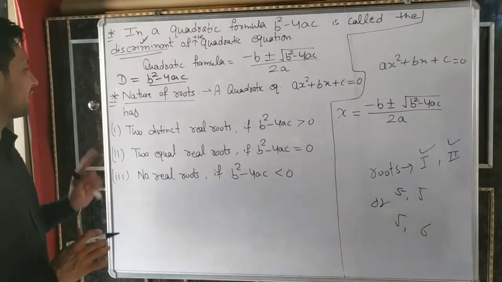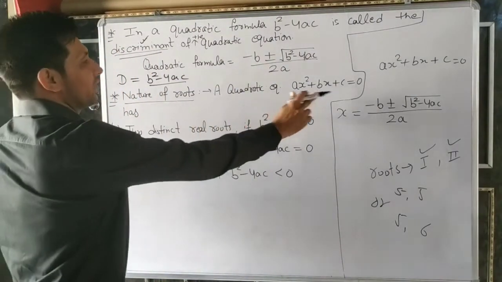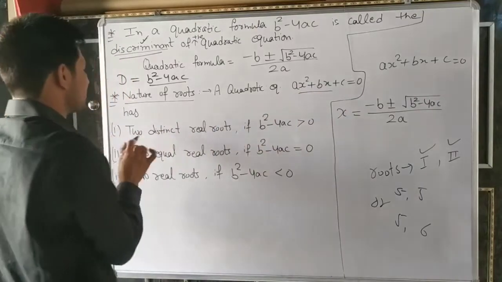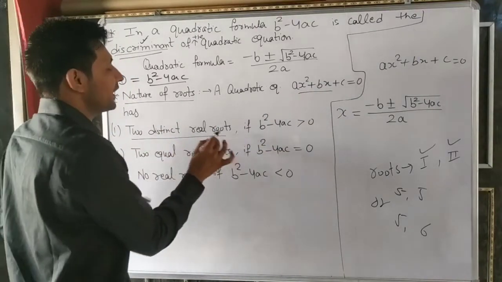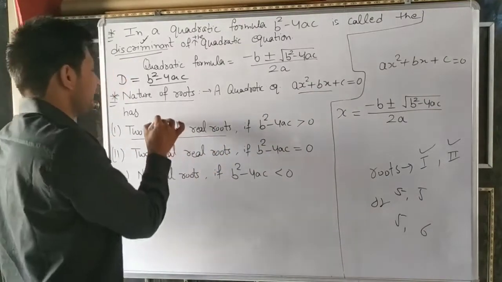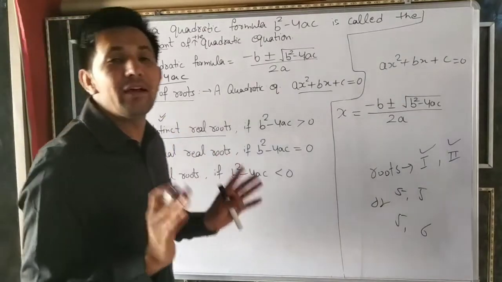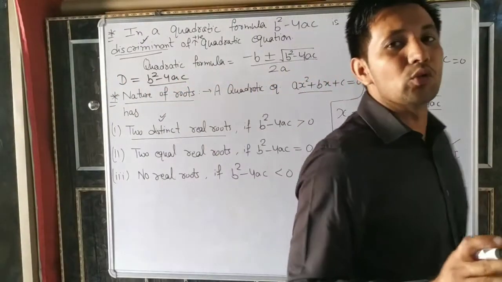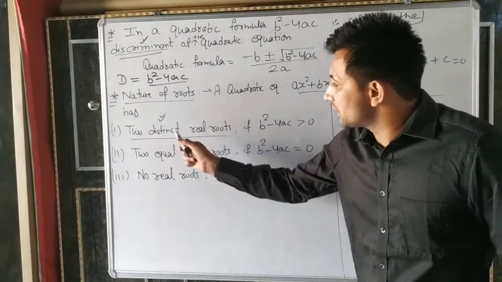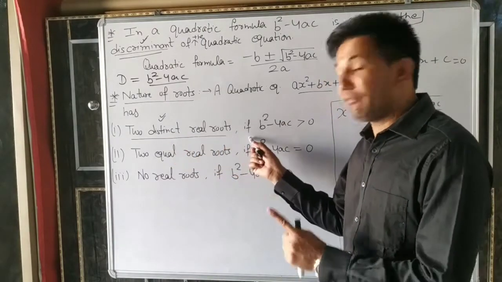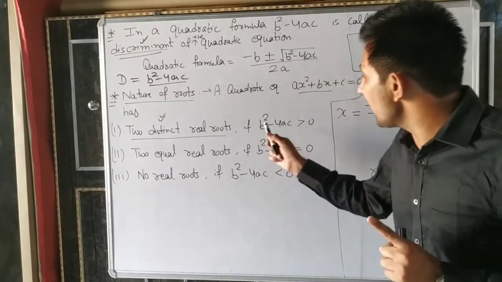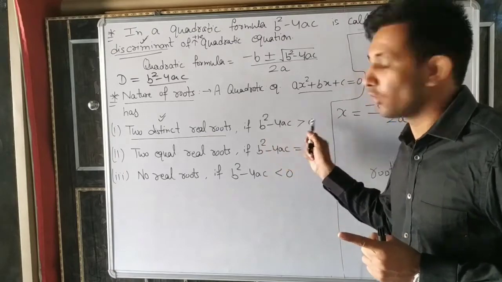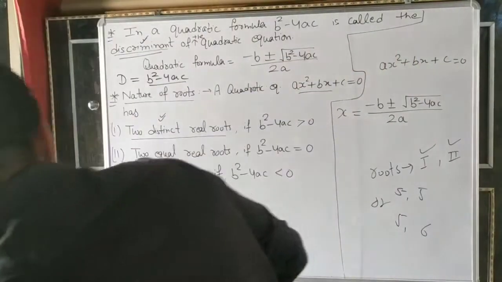So in the first case, the quadratic equation has two distinct real roots. Distinct means different, and real everyone knows. So two distinct real roots if b square minus 4ac is greater than 0.